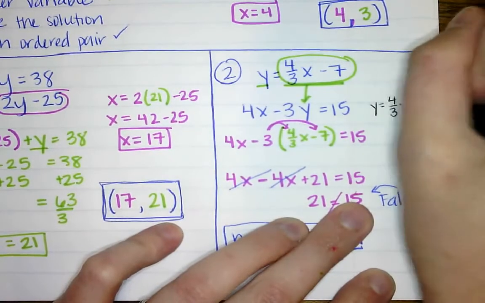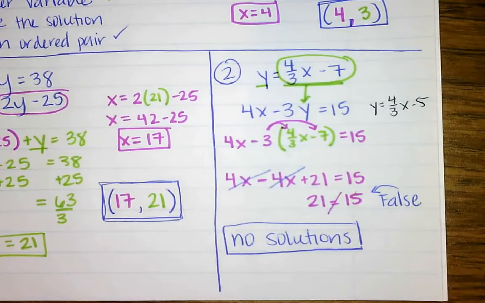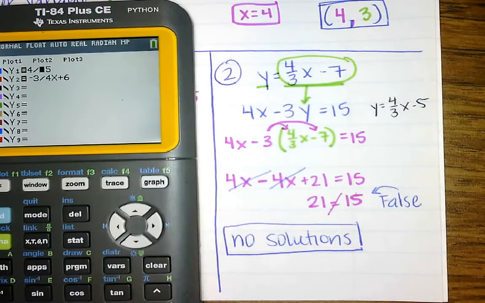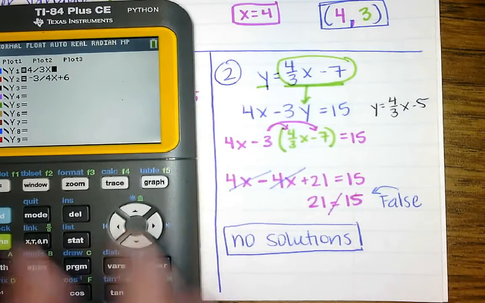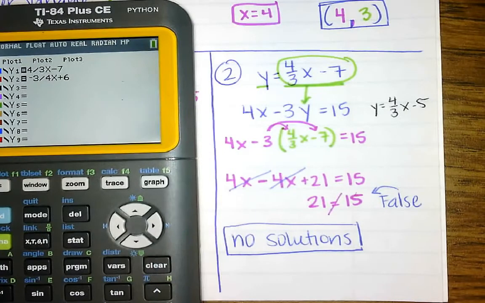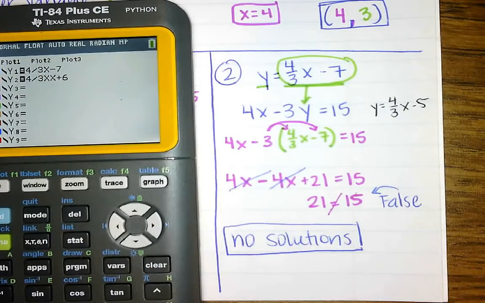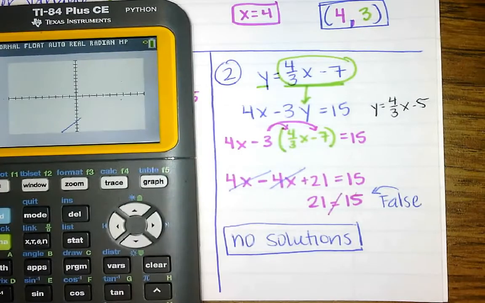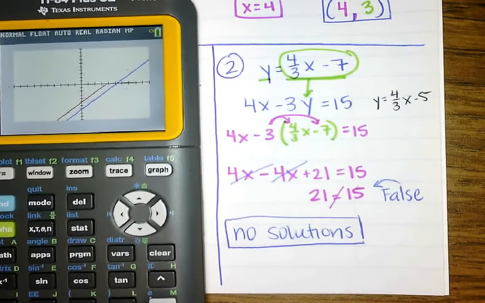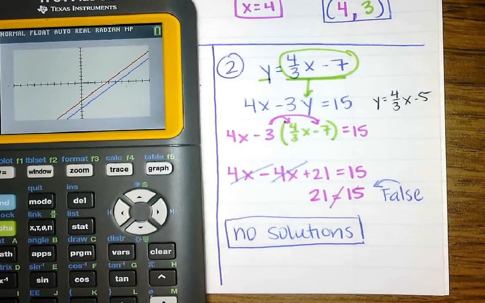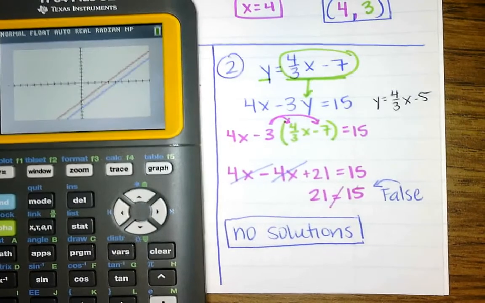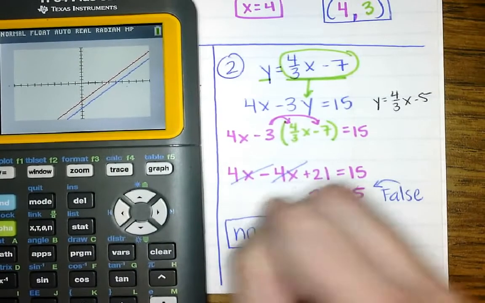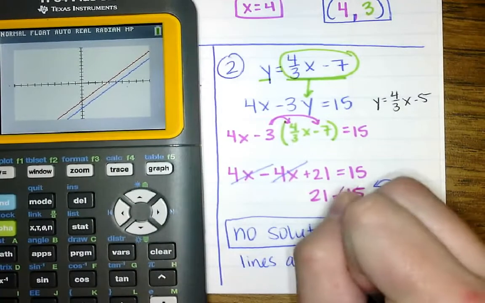And guys, if we graphed those two, what would those lines look like? 4/3 x minus 5, not minus 56. What do those lines look like when we graph them? Parallel. Do parallel lines ever have an intersection? So guys, in this particular case, our lines are parallel, so they have no solution. Does that make sense, guys?